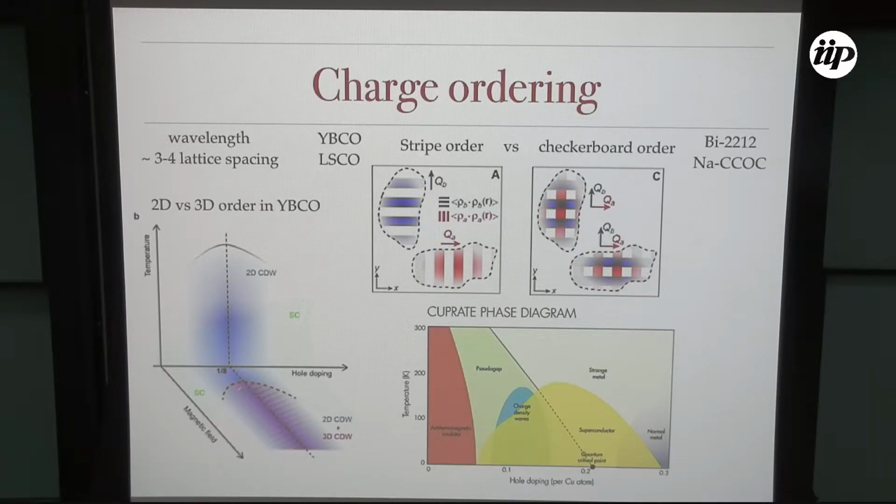Due to this, the phase diagram of the cuprates can be shown like this. We have a pseudo-gap, we have superconductivity, and inside of this we have a charge density wave dome, which starts from about 8% doping and finishes at about 16%.